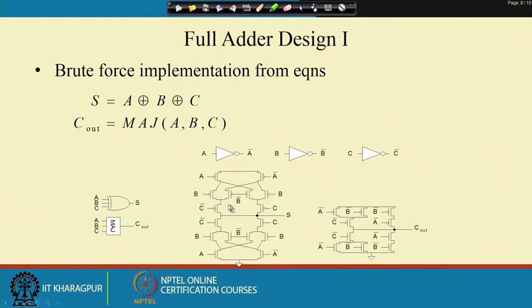So, at the transistor level, if I can reduce... okay, this expression is already optimized.